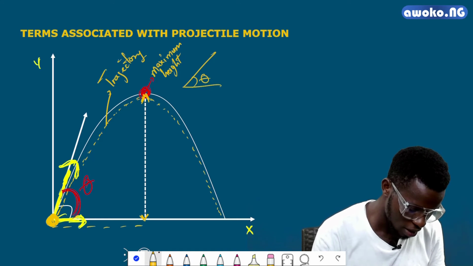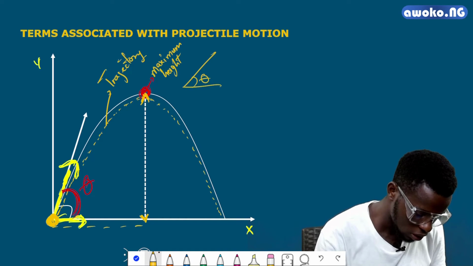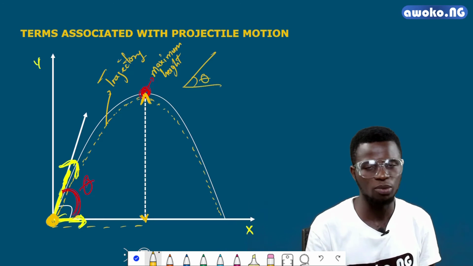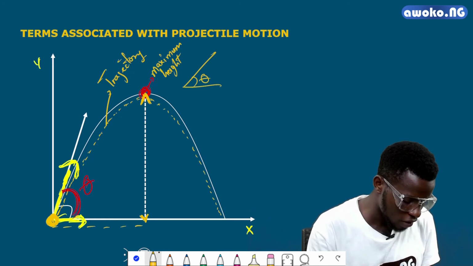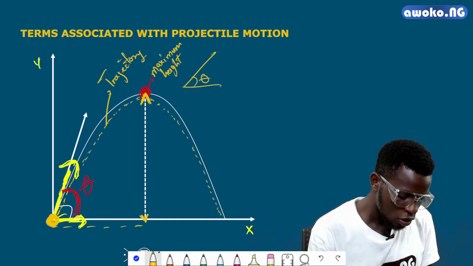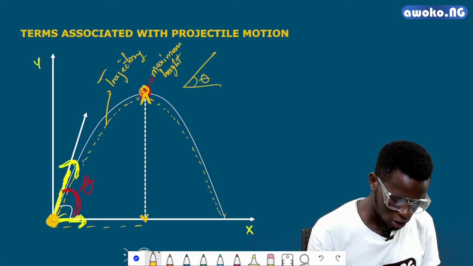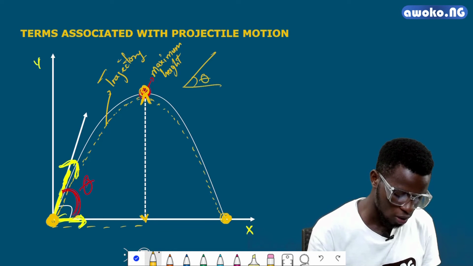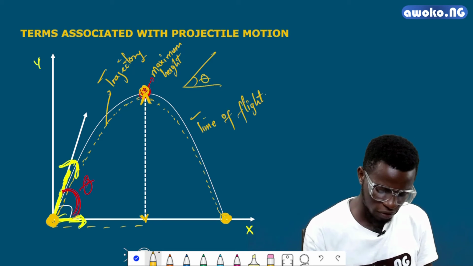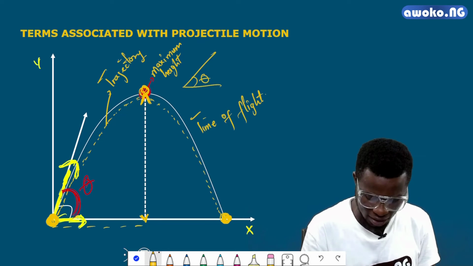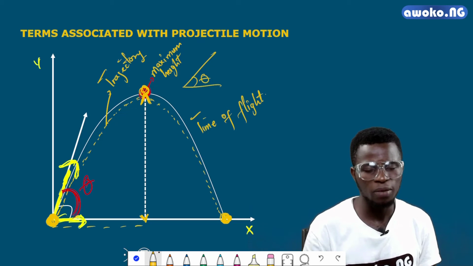So from here to this place over here is the maximum height of the projection. The time required for this body to move to this point and then come back to the point of projection is called the time of flight. And this time of flight can also be described as the time taken to cover the range.